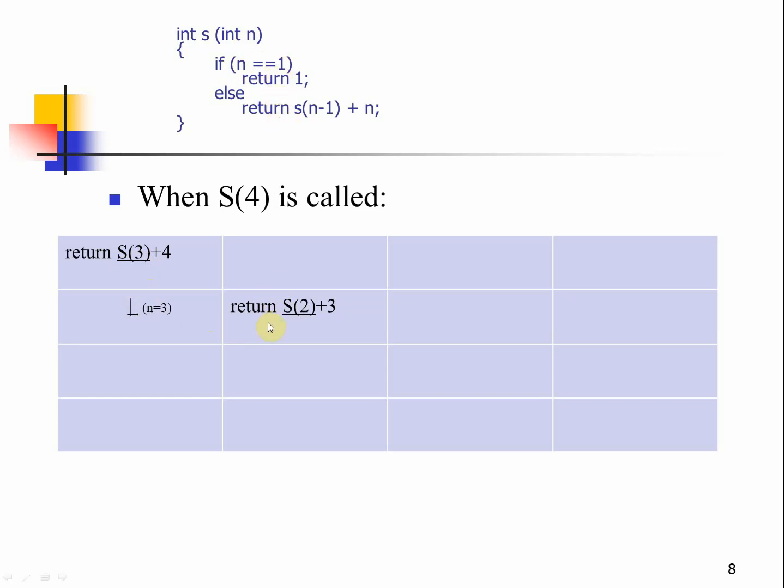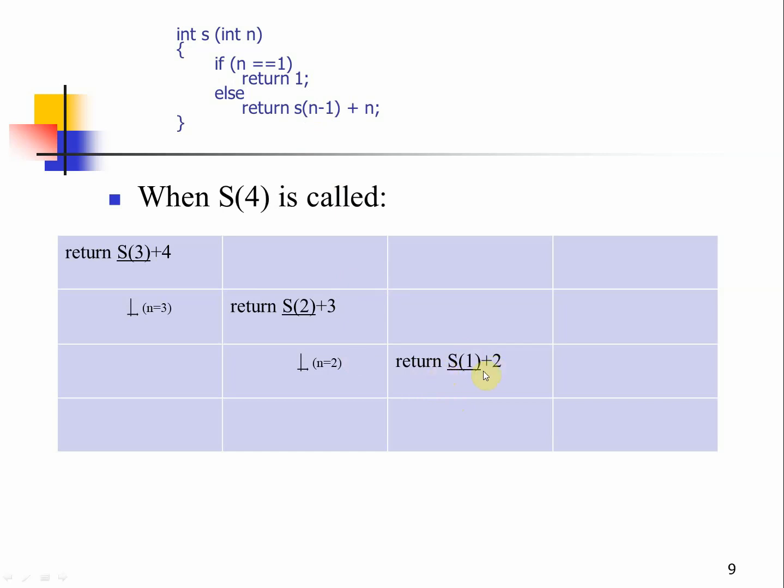So we will return s of 2, which is n minus 1, 3 minus 1, plus 3. Again, when this is seen, it will immediately call the recursive function with n equal to 2. It's not the base case, it is still a general case, so n is 2, and we will call s of 1 plus 2.